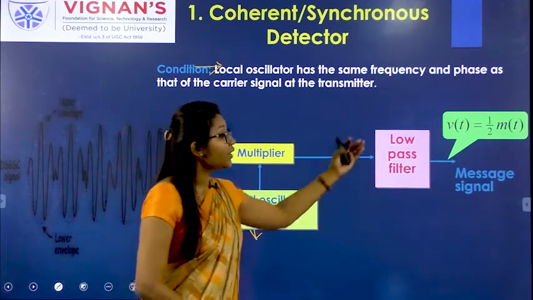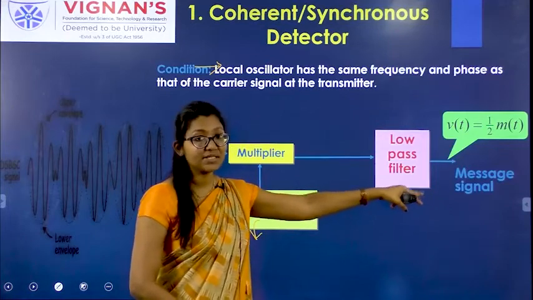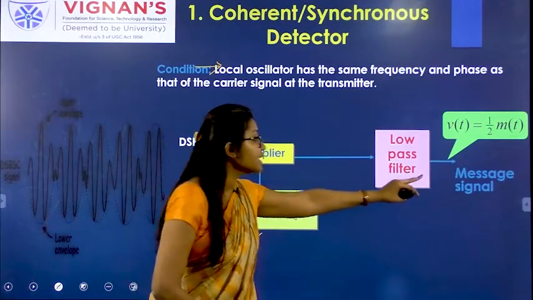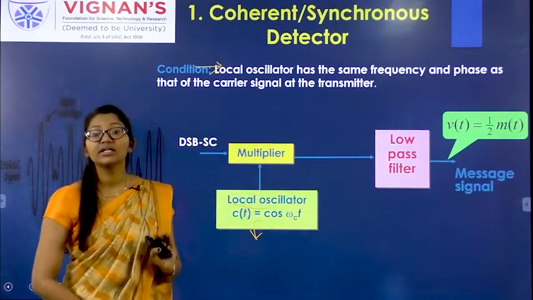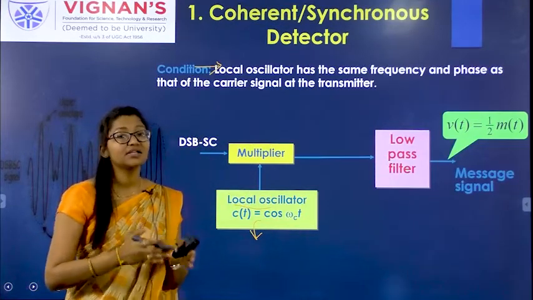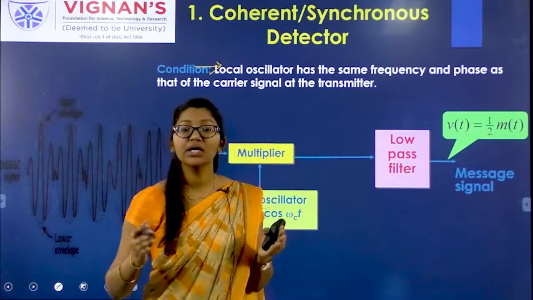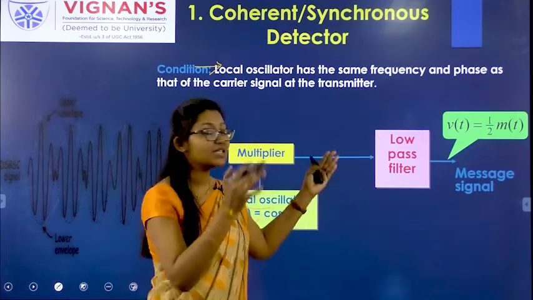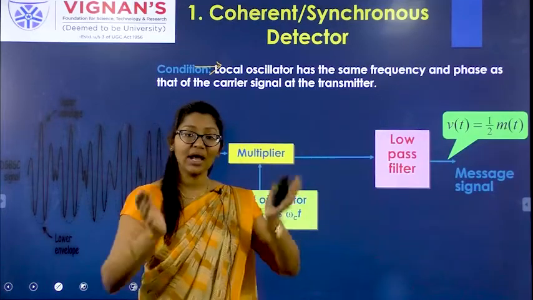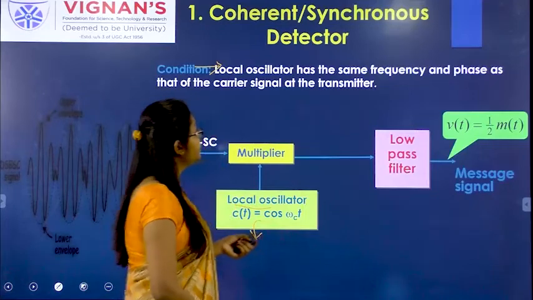So that's why we consider a low pass filter to get back your message signal. Only the low frequency signals will appear, and the remaining high frequencies will be rejected. So that's why on the generation side we required a high frequency band, and that's why we are passing through a band pass filter.